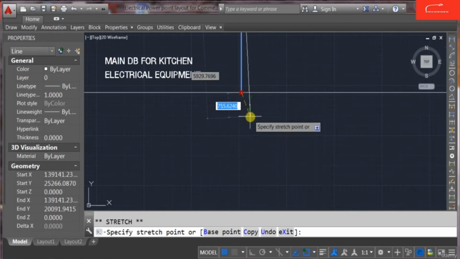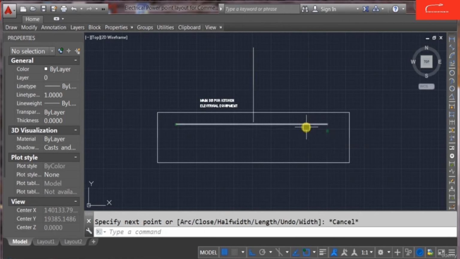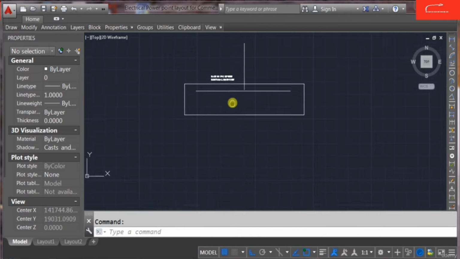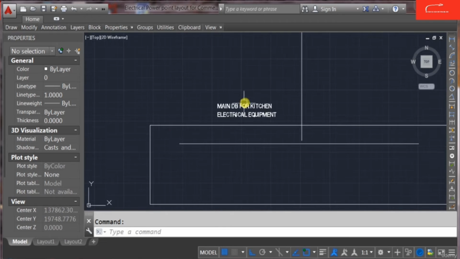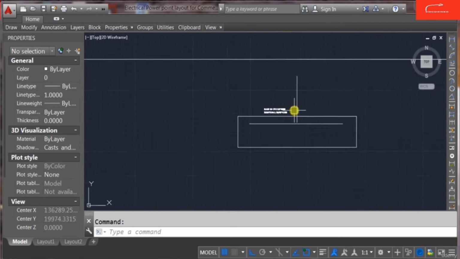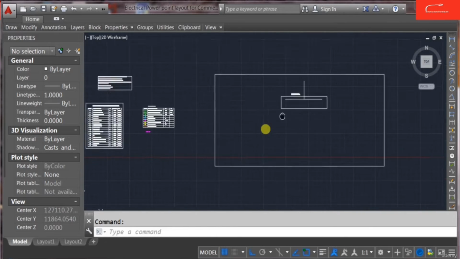So here is the main DB. There are actually two types of DB required for the kitchen. One is main DB for kitchen electrical equipment, and another DB for lighting, that is lighting distribution board, is also there.